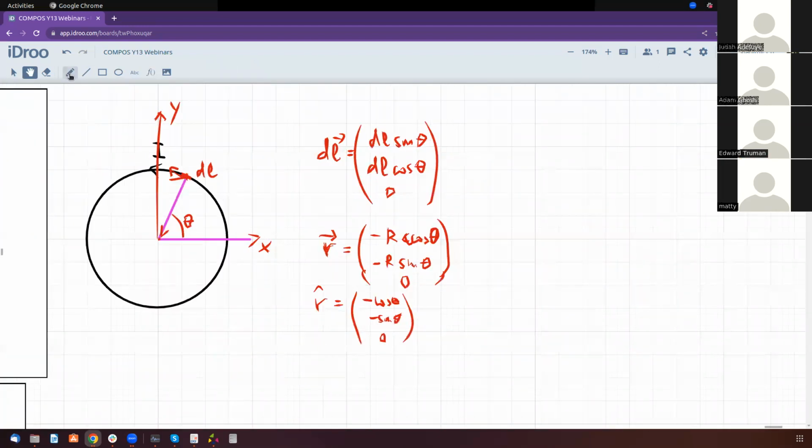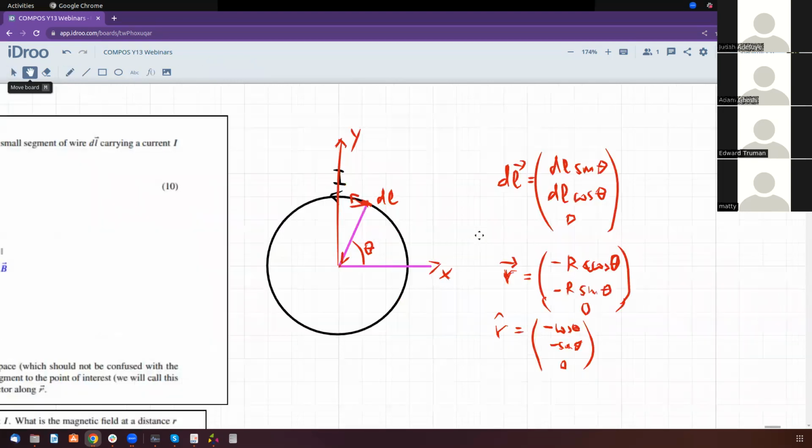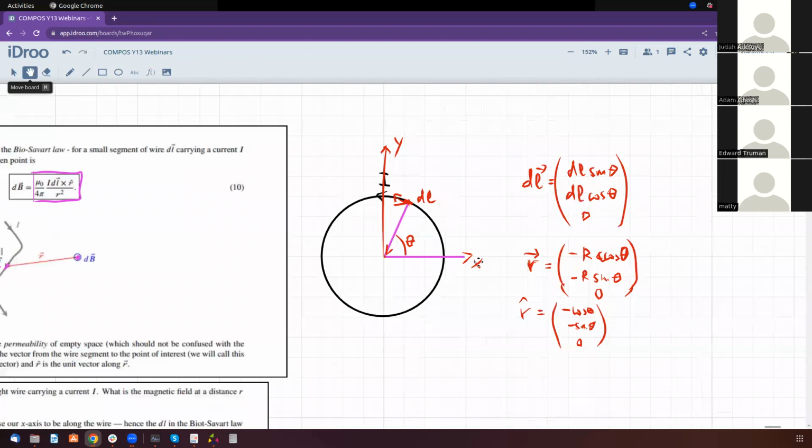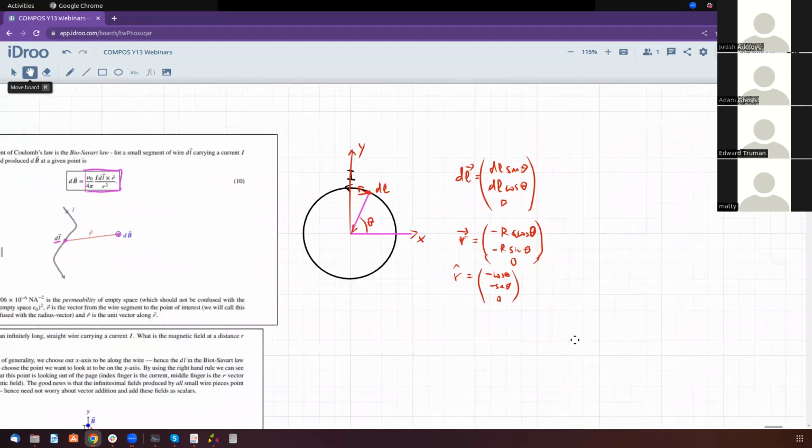My intention was to do it slightly differently, but let's see what we have. Okay, so we have dB, which is mu0 divided by 4 pi multiplied by the current. Current is fixed.